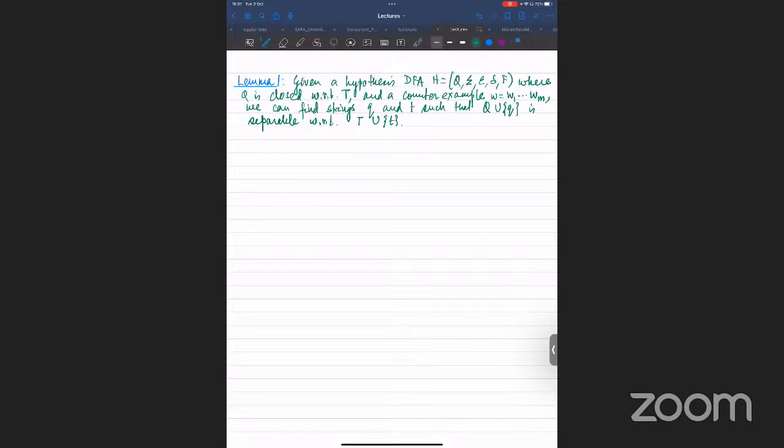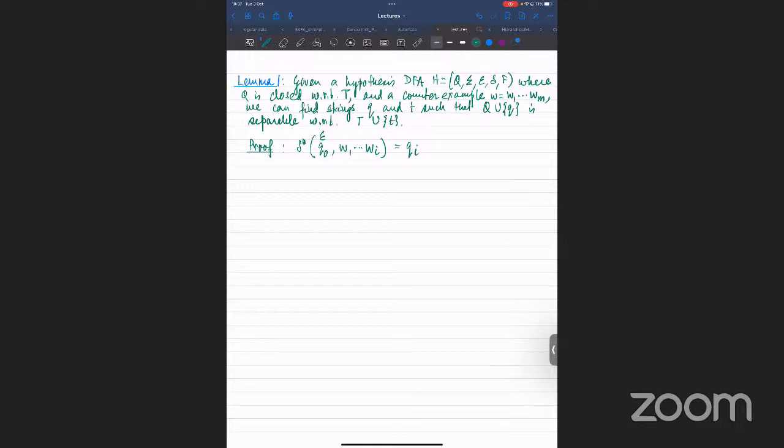Okay. So why is it the case? It's not that obvious. So let's try to prove this. Okay. So suppose you have delta star of your initial state q0, which is the same as epsilon, right? And I say that for w1 to wi, let me call this qi.